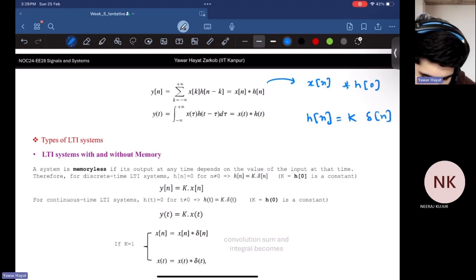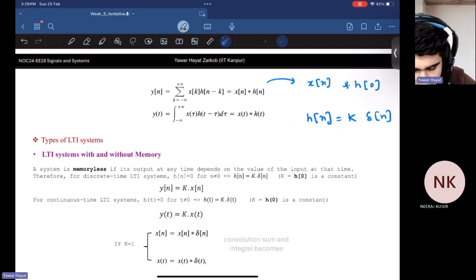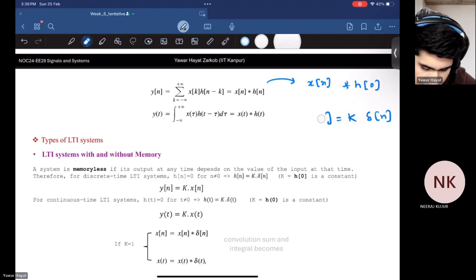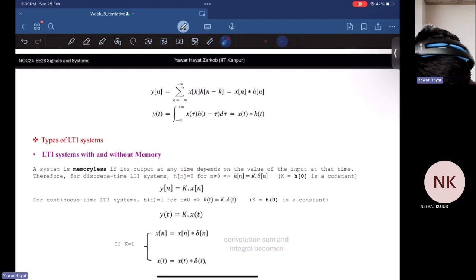I know that my h of n is actually h of 0. Since I replace this h of n by k delta of n, then this has to be the value that this h of 0 takes. I hope it is clear. Okay, moving forward, we are fine with this.